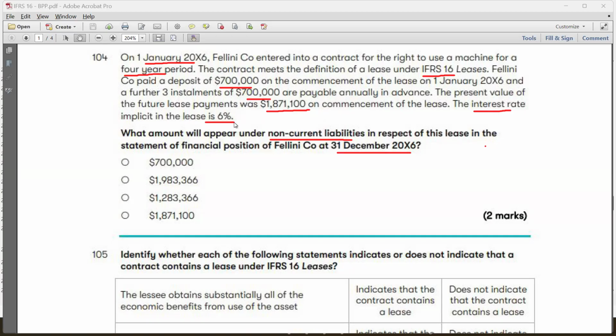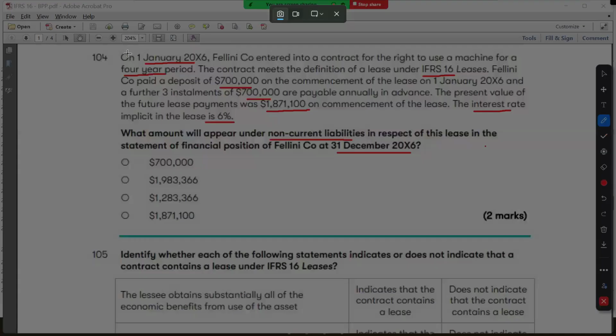So we are going to have to calculate the present value of the future lease payments after 1 year. Already during this year, the payment that relates to the lease has been made, and we have the present value of the future lease payments as this figure. We are going to apply the interest rate, and we're going to have the closing liability. So this is how we're going to proceed.